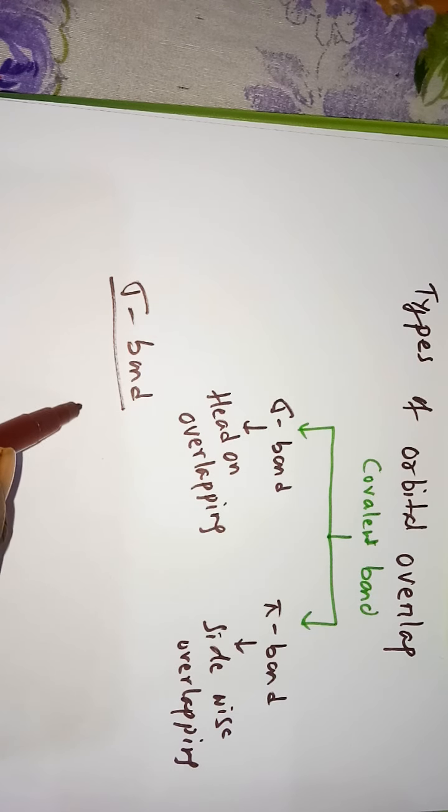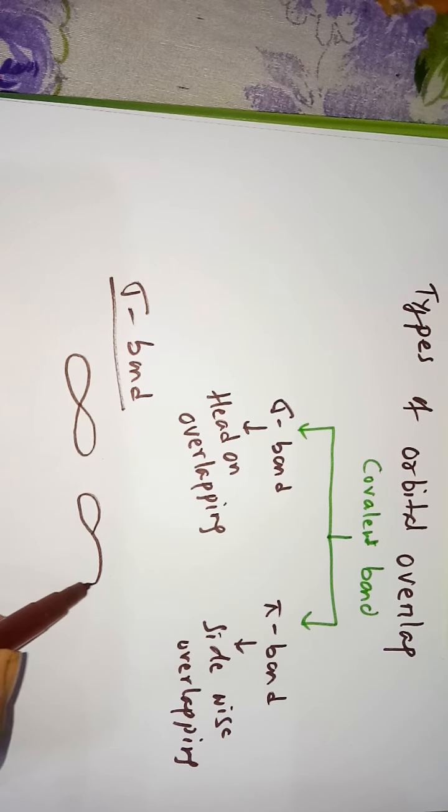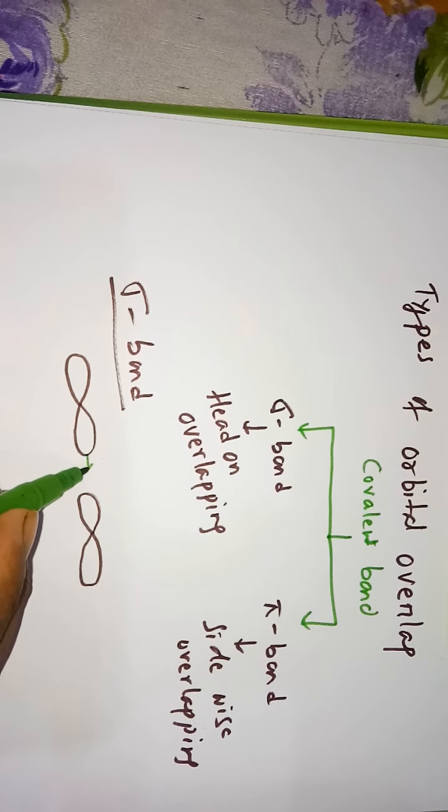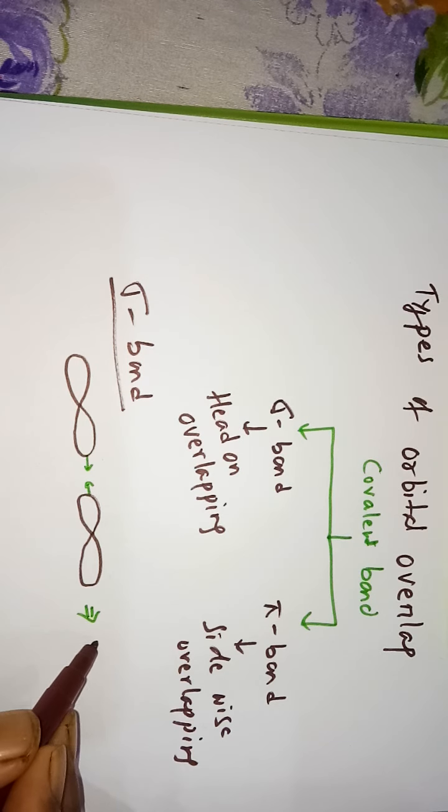Now two orbitals are there. This is orbital number 1 and this is orbital number 2. When they come closer to one another, they will overlap head on, and they will form a shape like that.